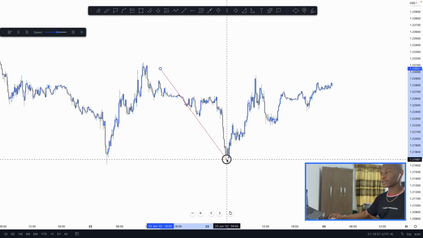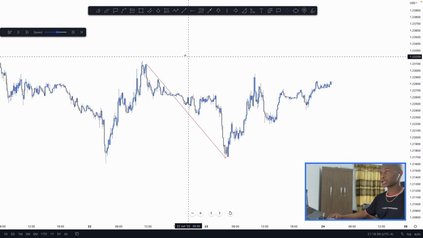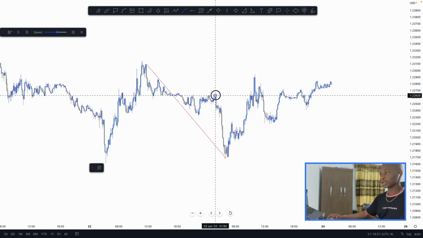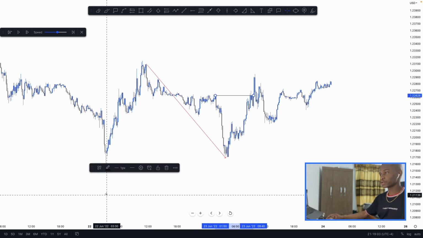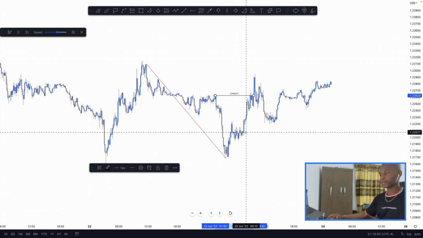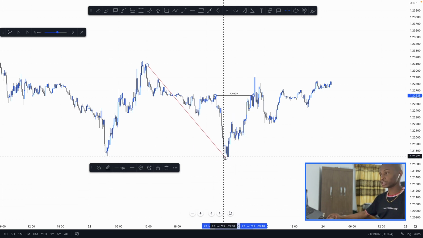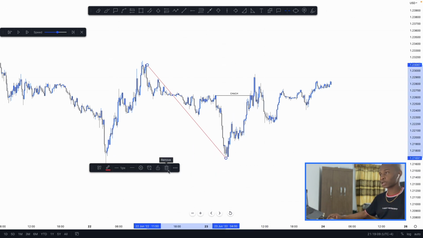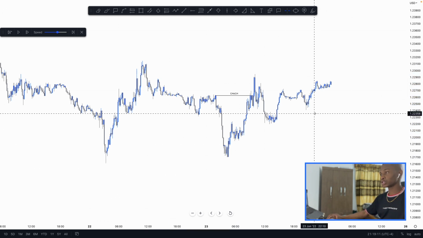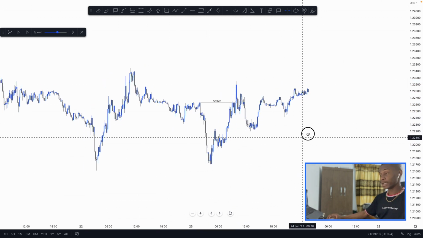We were inside a bearish market, and we got that change of character right here to the upside. So that's when we changed our perspective on the market, and we were looking for buying opportunities.